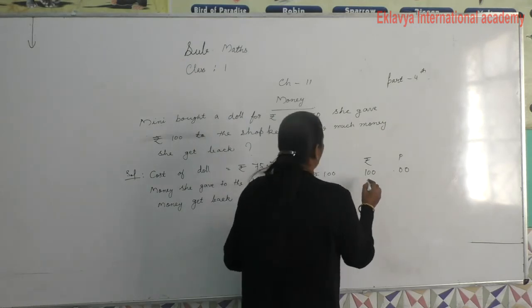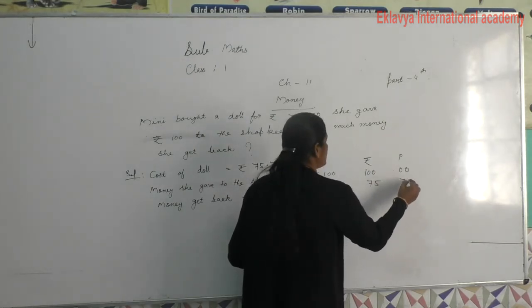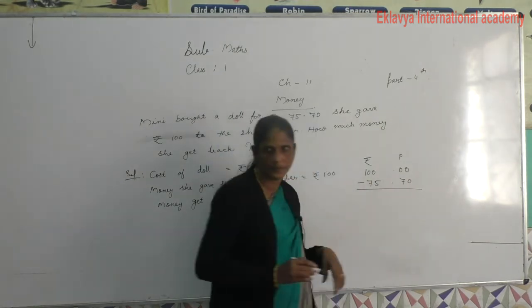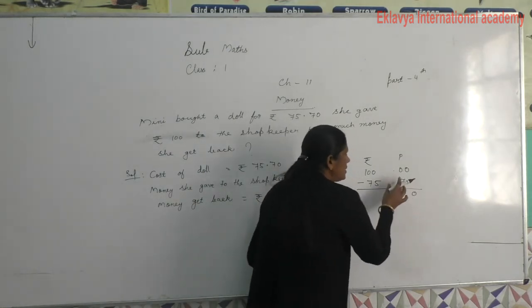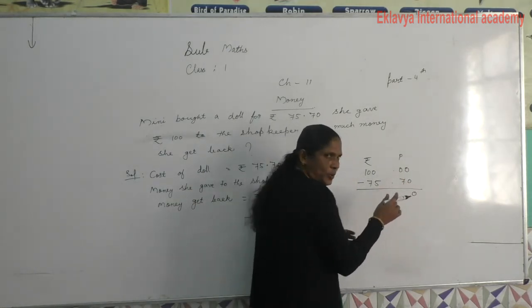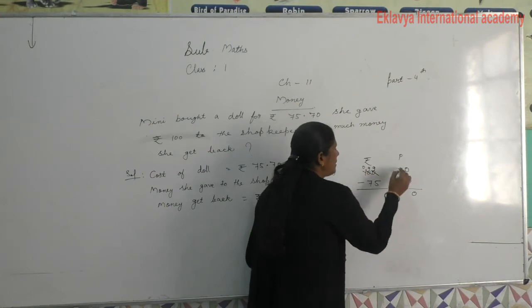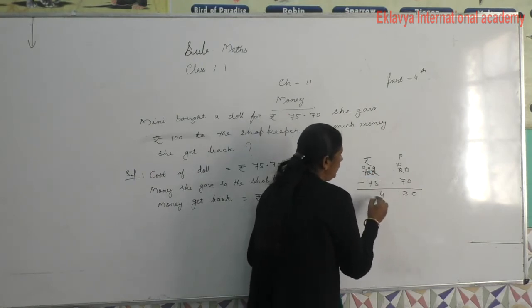Then rupees 75 and 70 paise. Then subtract. 0 take away from 0 is 0. 7 take away from 0, is this possible? No. You borrow: this 9, this 9, this 0 becomes 10. Here 3, here 4, here 2.